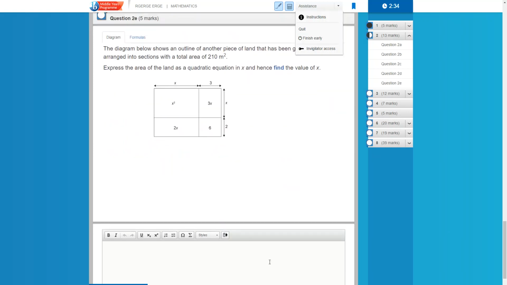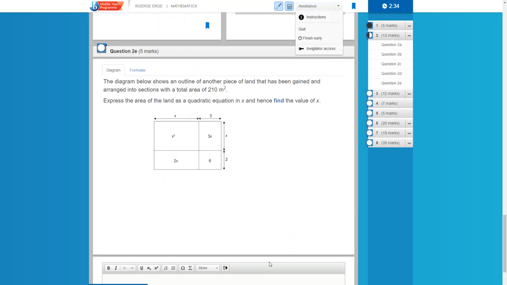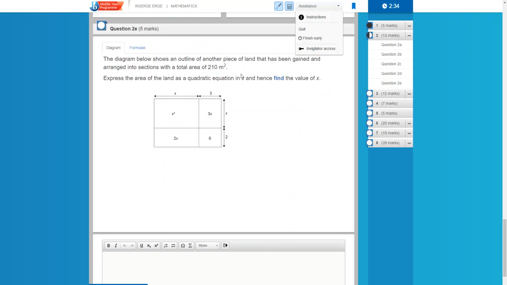The diagram below shows an outline of another piece of land. Express the area of the land as a quadratic in x. Total area is 210. The total area is, it gives us all the information we need here: x squared plus 2x plus 3x plus 6. Our total area equals 210.